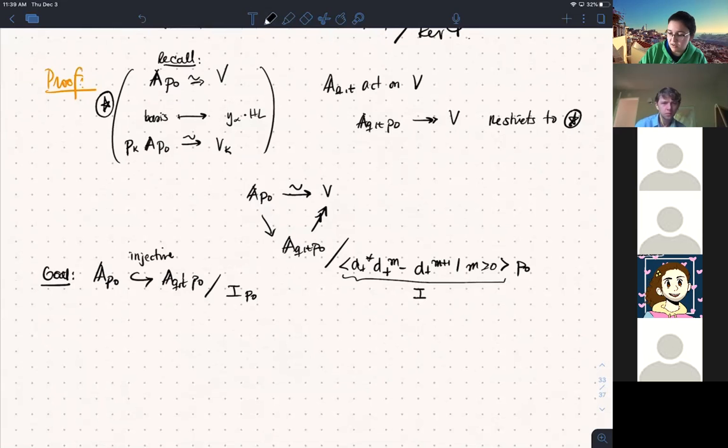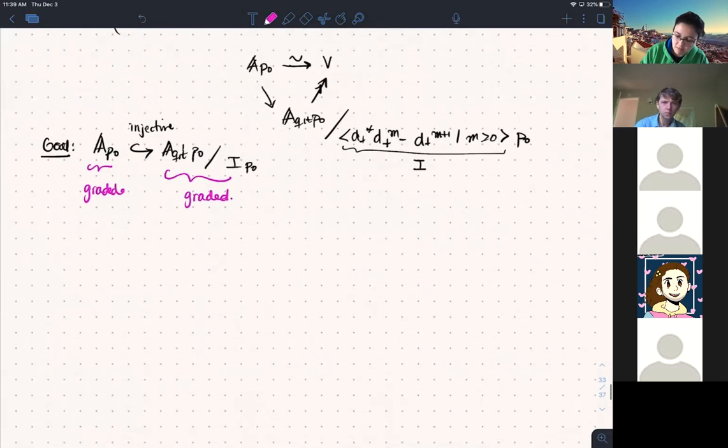The way they do this is they say that this is graded and this is graded, and they prove it on each graded component. So you impose a grading by saying we're going to let D plus, D minus, and D plus star have degree 1, because every element in both of these spaces is generated by these D plus, D minus, YI, etc. operators.